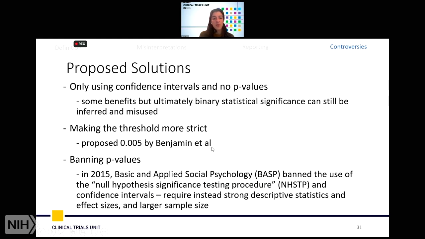It's also been proposed to make the threshold more strict, which has been proposed in one instance to be 0.005. This probably depends on the field. I'm not going to poo-poo this too much. I think this was specific to certain high-throughput data type applications where we're working with very large samples, and probably 0.05 is much too high in those scenarios.